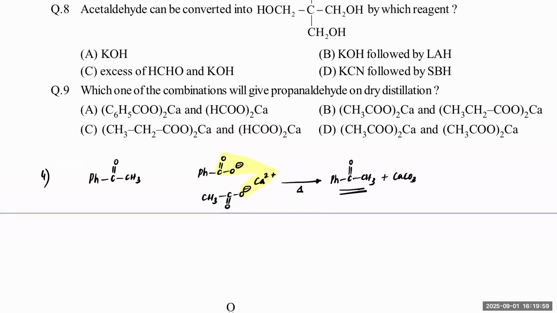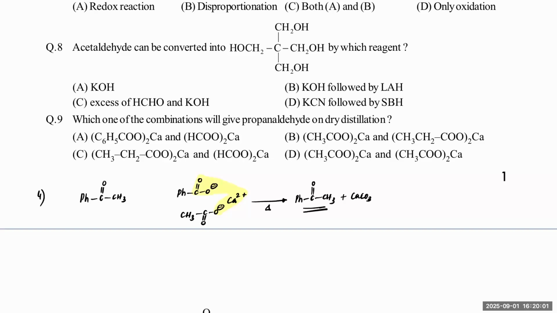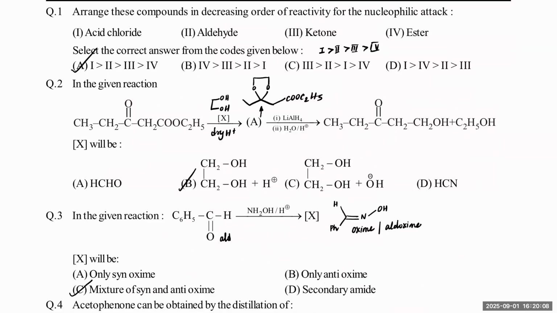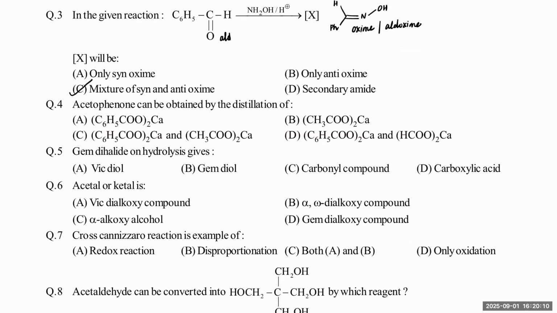So this is how the product forms. What are those two acids we need to take? One is benzoic acid, the other one is acetic acid. That particular form of salt, check out where it is. Now this is benzoate salt, acetate salt. So even the cross combination is possible, isn't it? Therefore, C is the best option we can have.